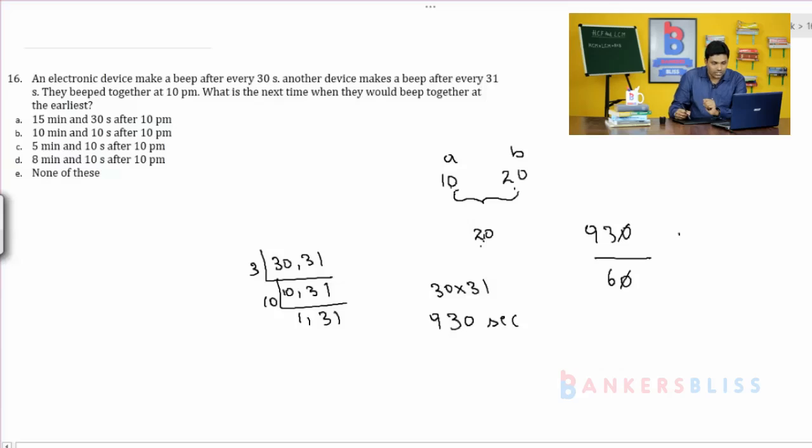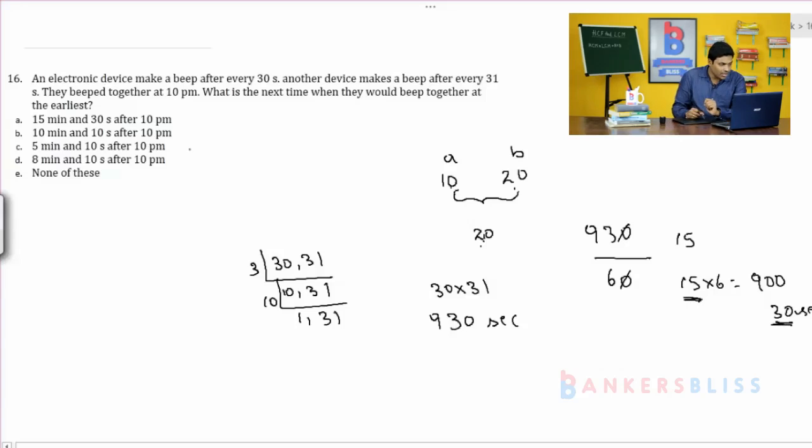So 15 6s are 90, which means after 15 minutes, 15 into 6 is 90, 900. So still 30 seconds are remaining. So after 15 minutes and 30 seconds it is going to beep again.